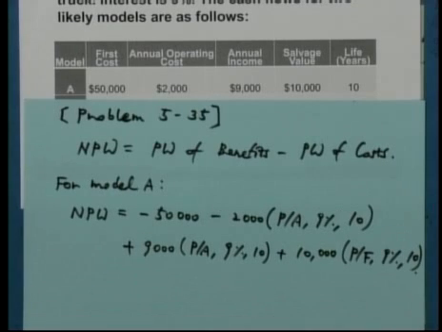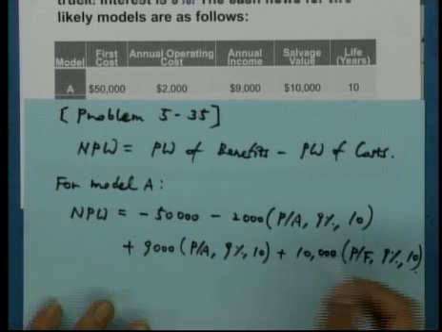So let's get these table values. 9%. So you need to look at page number 612 of our text. P given A over 10 periods, 6.418.